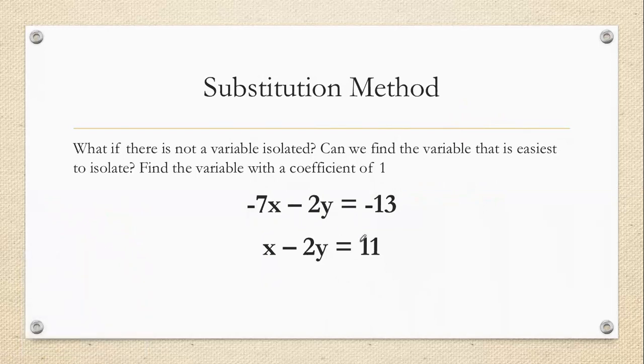So we have, write these two down. Negative 7x minus 2y equals negative 13. And x minus 2y equals 11.